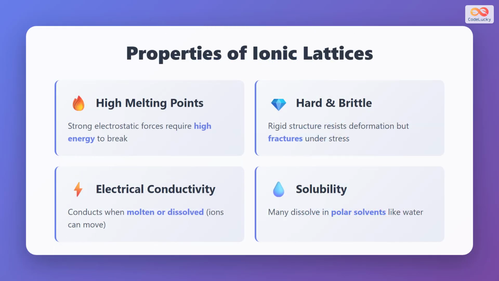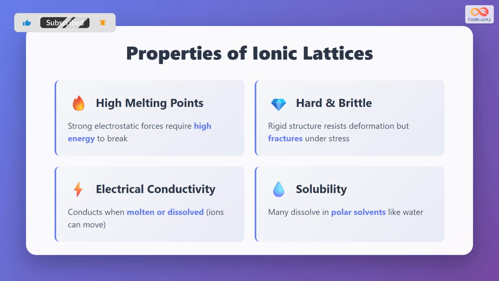The crystal lattice structure directly determines the properties of ionic compounds. First, ionic compounds have high melting points because the strong electrostatic forces throughout the lattice require tremendous energy to break apart. Second, these compounds are hard and brittle. The rigid lattice structure resists deformation, but when enough force is applied, the crystal suddenly fractures rather than bending.